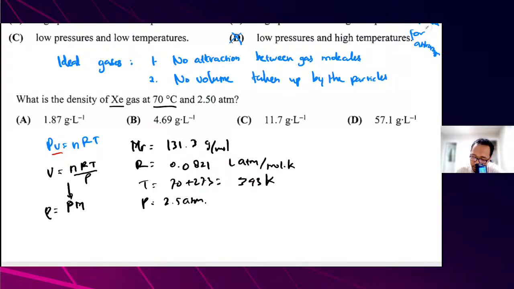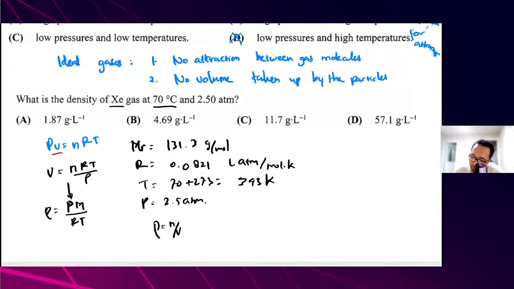So this is the volume, right? As you know, the density is rho = m per V.